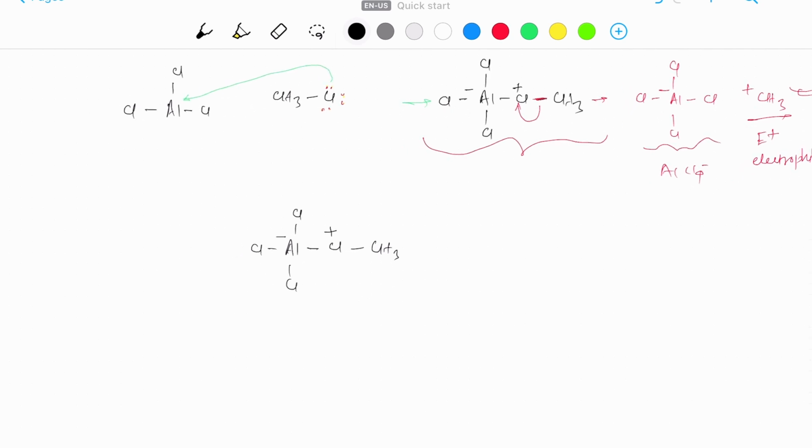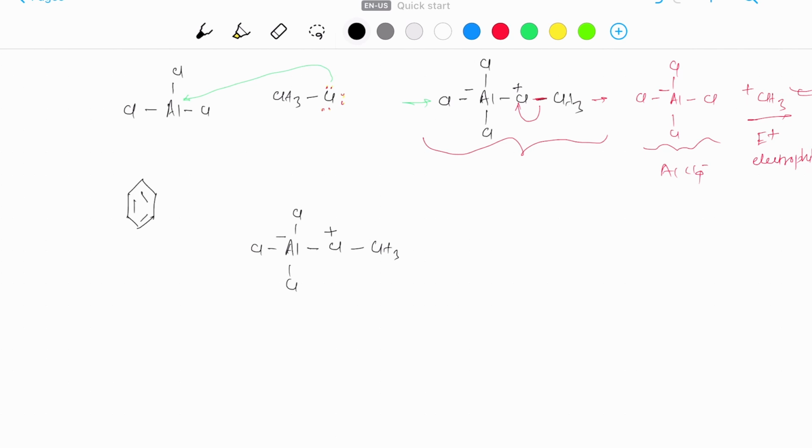Now our benzene, it has higher electron density, and now that we have a strong electrophile that has a positive charge on it, or that can act as a source of this positively charged electrophile, our benzene will act as a nucleophile. So we have this benzene ring.